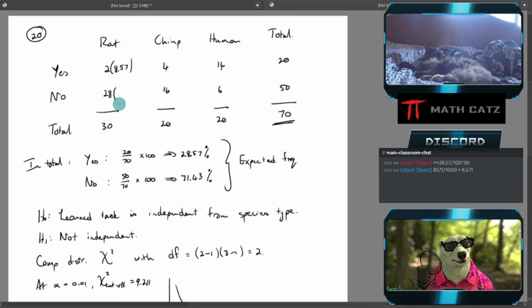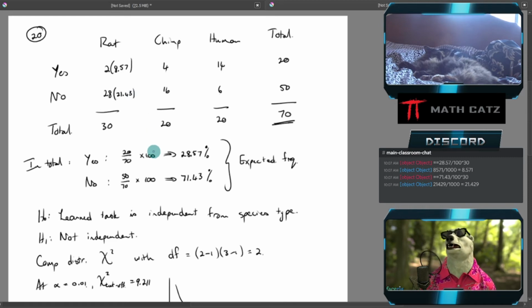Now 2 doesn't mean anything necessarily. I don't expect it to be exactly 8 or 9. In the no row, I expect 71.43% of 30. Now, of course, that's the rest. Now, I don't round this. I just round it when I speak casually, right?